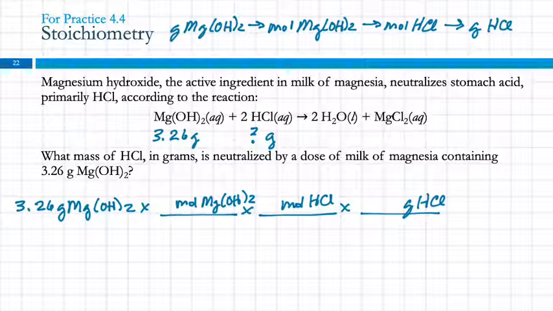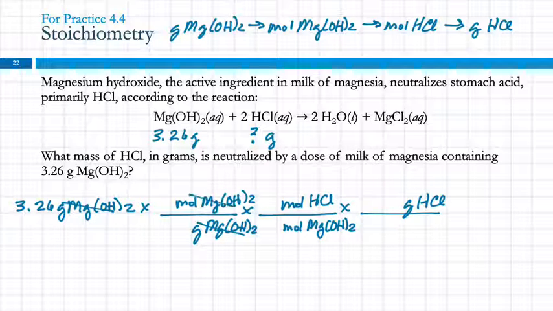Then I'm going to put grams of Mg(OH)2 down here, so those units cancel out, and moles of Mg(OH)2 down there, so they cancel out. I would recommend leaving yourself more room than I left myself here.